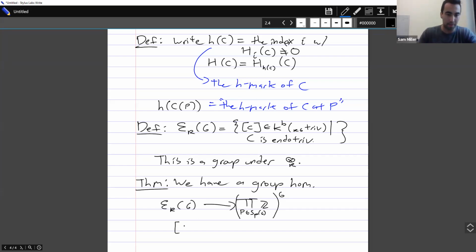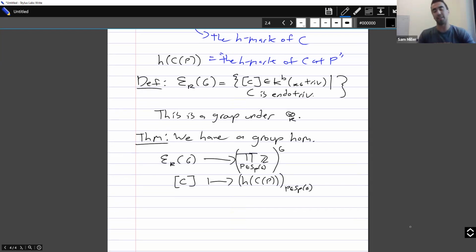What do we do? We take a representative of an endotrivial complex, and then we take its H-mark at all p-subgroups P. This is analogous to what we do for the regular mark homomorphism. We call this epsilon, at least for now, until I come up with a better name for it.